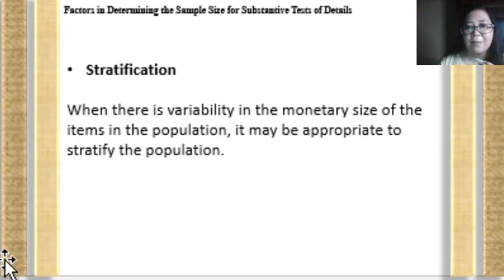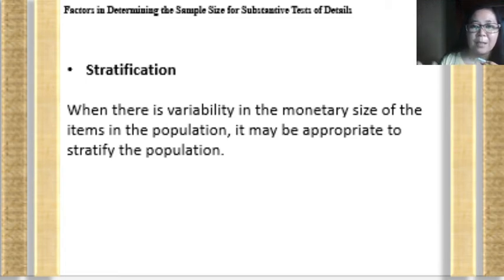So the next factor is stratification. If you could still remember, this is grouping of the classes of transactions or account balances. When there is variability in the monetary size of the items in the population, it may be appropriate to stratify the population, or the auditor can group these items according to their amounts.